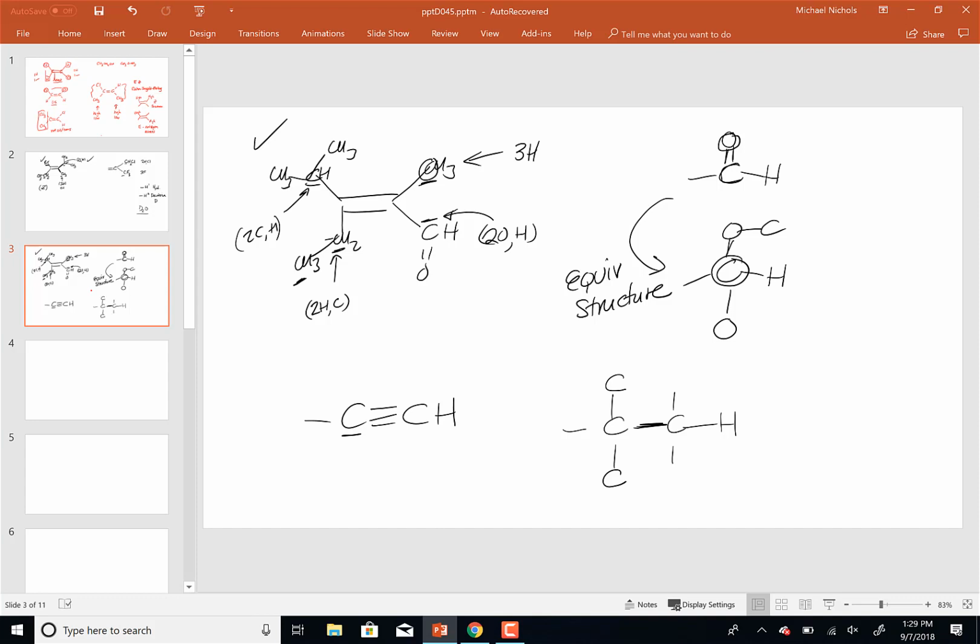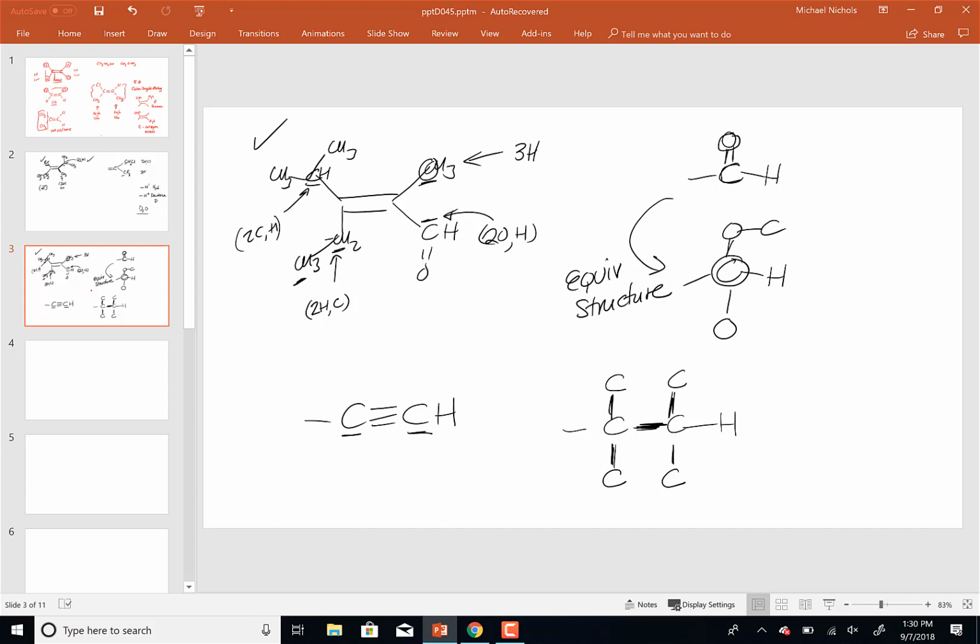Because I just replaced the carbon-carbon triple bond with 1, 2, 3 carbon-carbon single bonds. For this carbon, same thing. I have to replace that carbon's triple bond with 1, 2, 3 carbon-carbon single bonds. And we don't add hydrogens to balance it out.